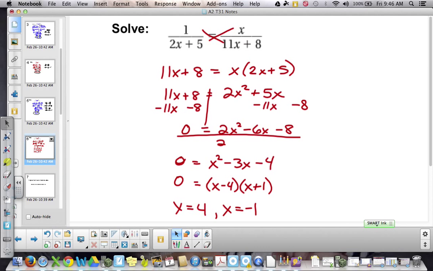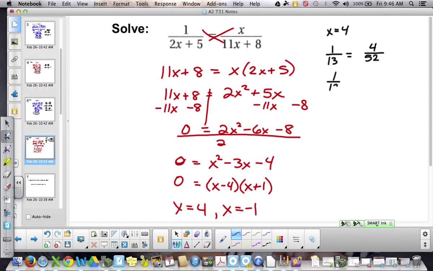All right, and then we need to go back and check our answers. So if we check x equals 4, we'd have 1 over 8 plus 5 is 13 equal to 4 over 44 plus 8 is 52. So 4 over 52 simplifies to 1 over 13.